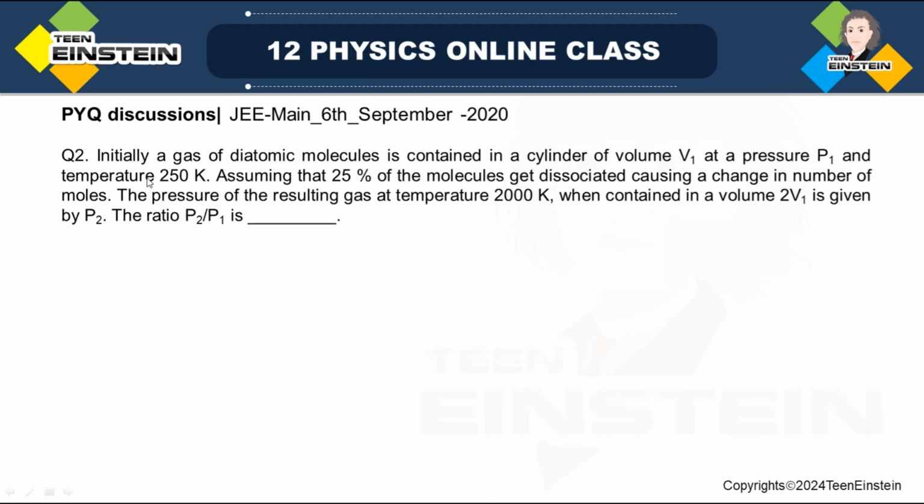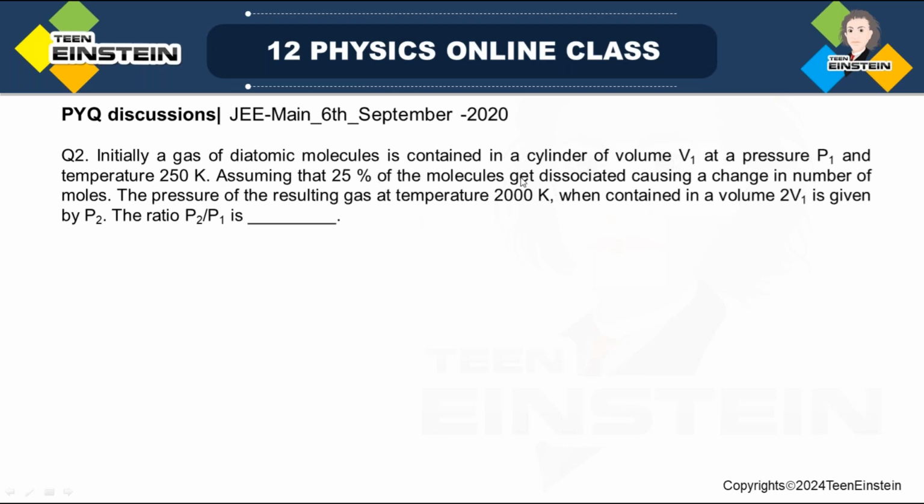This problem says initially a gas of diatomic molecules is contained in a cylinder of volume V1, at pressure P1 and temperature T1.